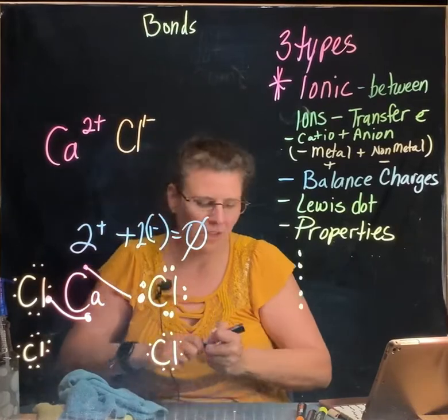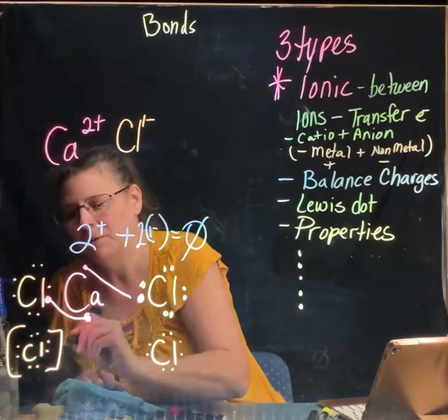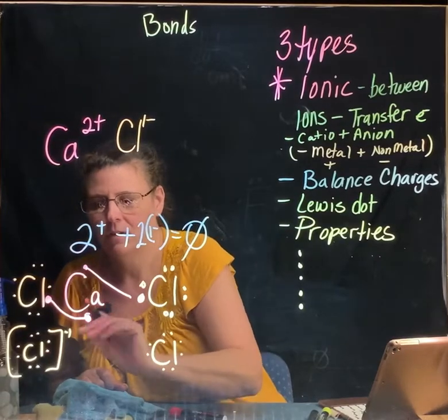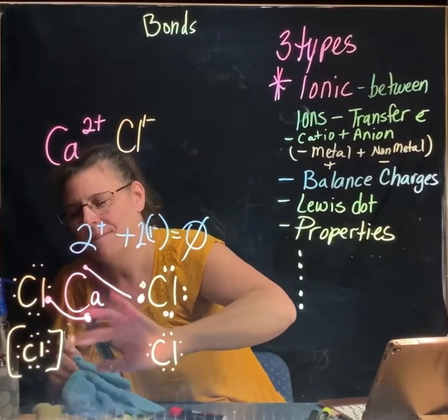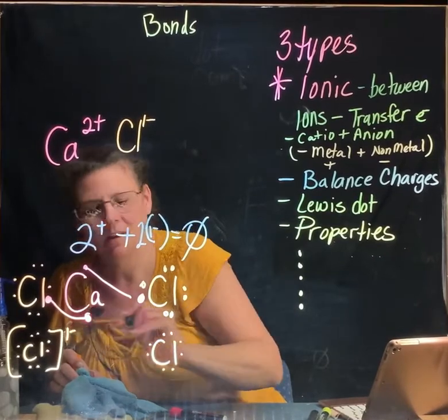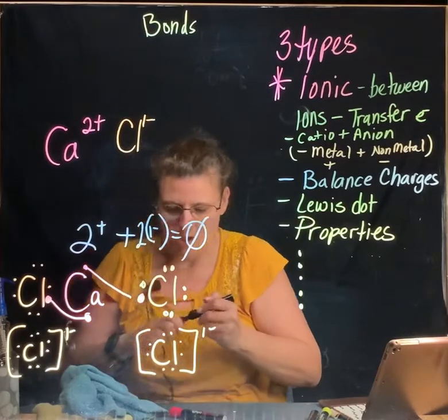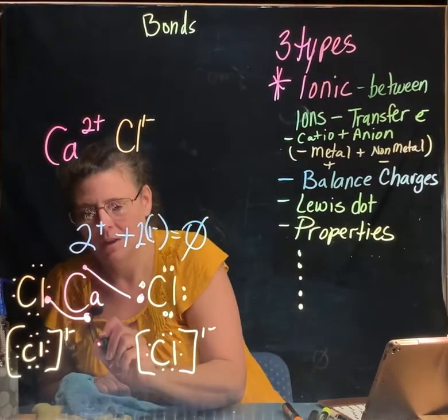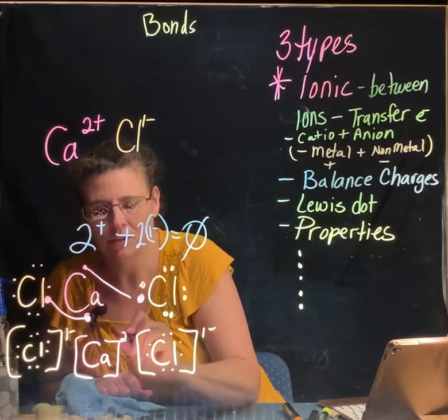I'm using separate colors just to show you if you can see the colors. But remember, we put this in negative. So it's a 1 negative, and over here we have a 1 negative, and right smack in the middle, calcium with no dots has a 2 plus.